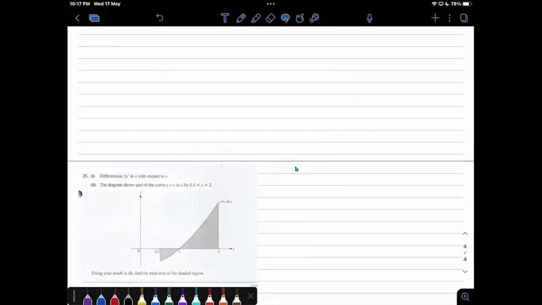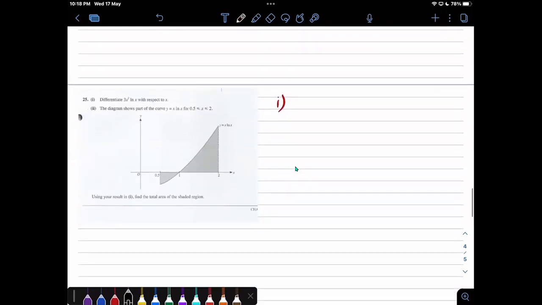So we start off with the concept I was telling you just now. Differentiate first, and then after that you find the integral. You remember this kind of question? So differentiate 3x squared ln x. What do you get? Keep one, differentiate the other, plus. Carry on.